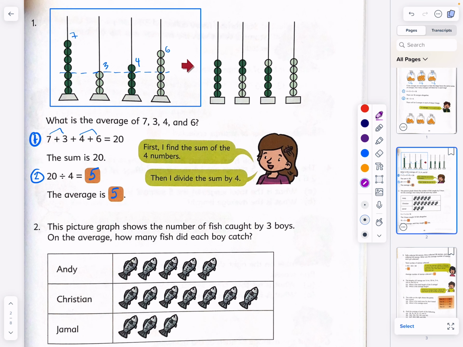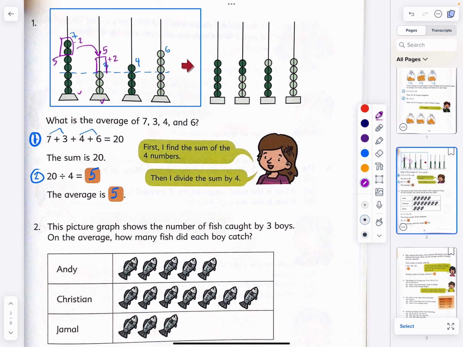However, let's take a look at another idea. We have 3 at this one, this is our shortest, and this is our tallest. How about we try to distribute the extra beads evenly among the others? Maybe we can take these 2 beads and put them on top here. This would make it minus 2, but plus 2. So this would make it 5, and here we would have 5.